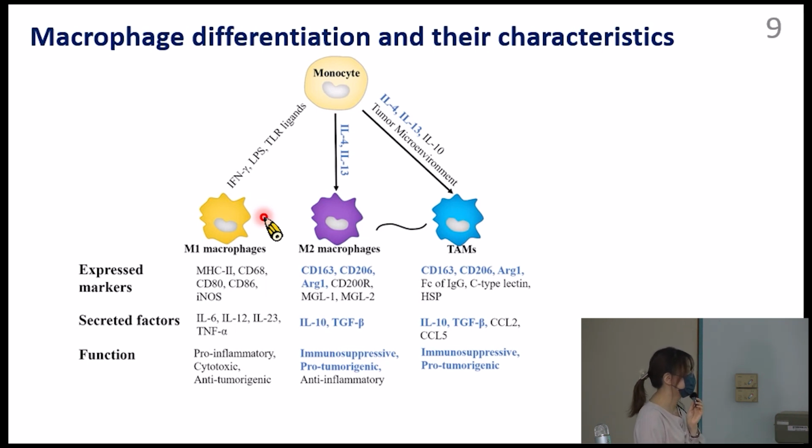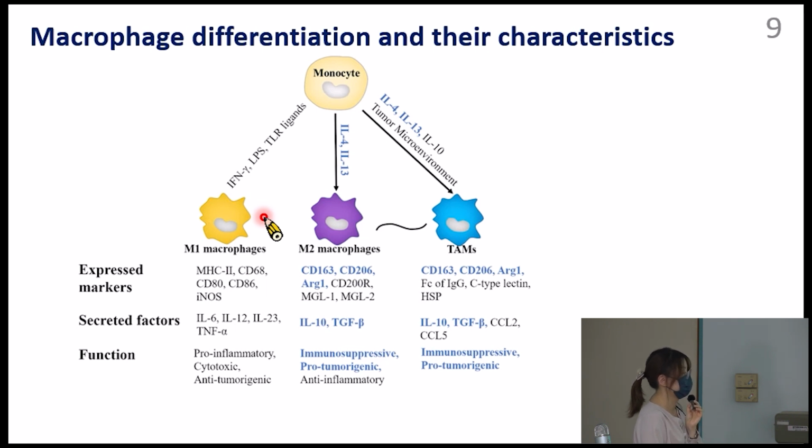Okay, but sometimes if the monocyte is in IL-4 or IL-13 conditions, it will become M2 macrophage. And this kind of macrophage will express CD206 or arginase 1. And this kind of M2 macrophage secretes cytokines totally different from M1 macrophage. They can secrete IL-10 or TGF-beta.